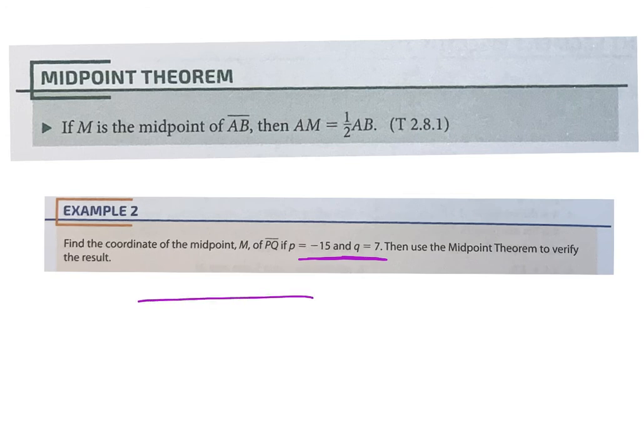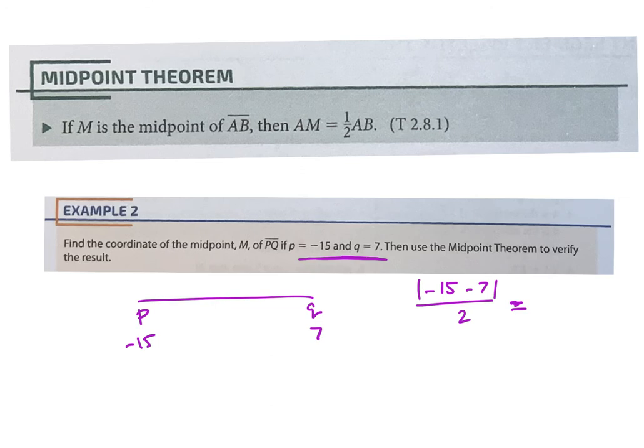I have some segment here from P to Q. P is -15, Q is 7. How do I find out how far apart those are? What am I going to do? Yeah, I'm going to subtract them, right? -15 minus 7, divided by 2. Now, when I'm talking about distance, you're actually going to do an absolute value there.